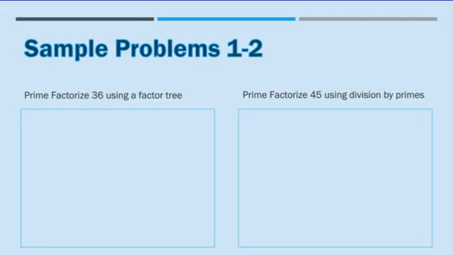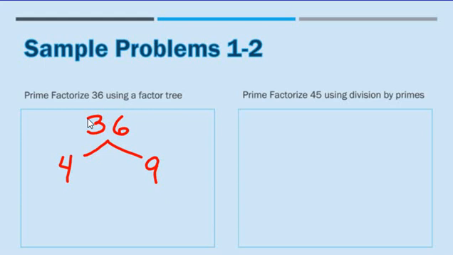Let's take a look at some examples here. We want to prime factorize 36 using a factor tree. So I'll first start off by writing 36 down, and we need to use a prime factor tree. So I know that 36 can be broken down as 4 and 9.